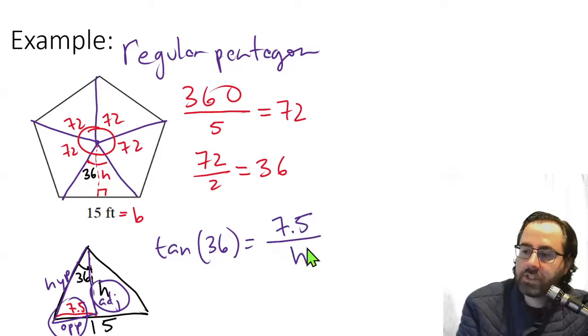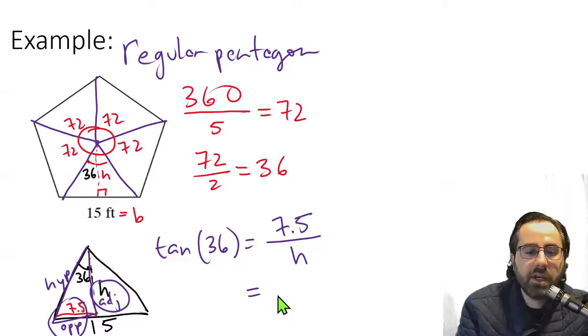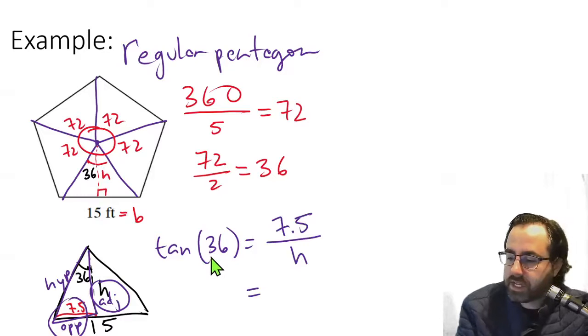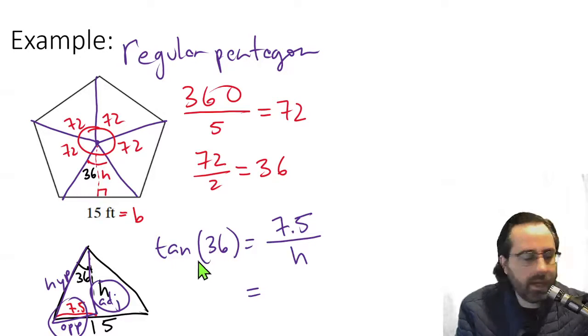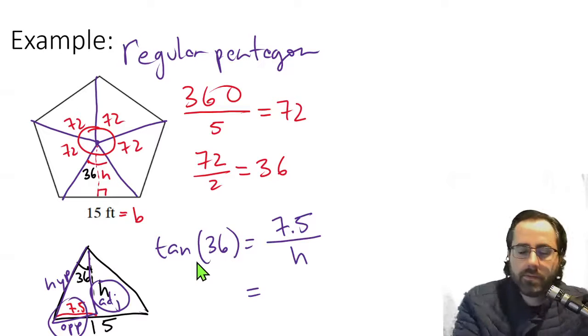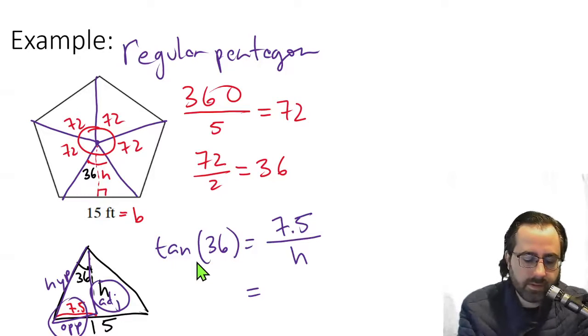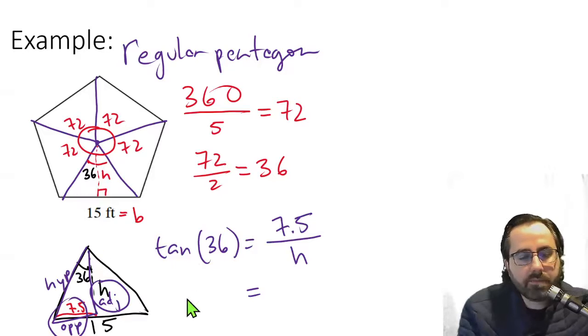So we're going to just solve for the height right here, the h. And the tangent of 36, when you look that up, is 0.7265.